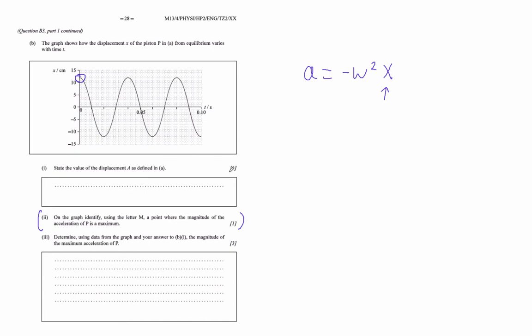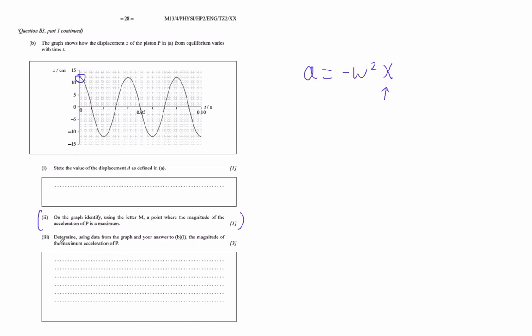I don't even know. I guess you'll find out when you look at the mark scheme. They say magnitude, so magnitude just means how big it is. So any of these extremes is going to be a maximum acceleration. That's simply because the spring is the most stretched out. It's exerting the most force at the extremes, right?